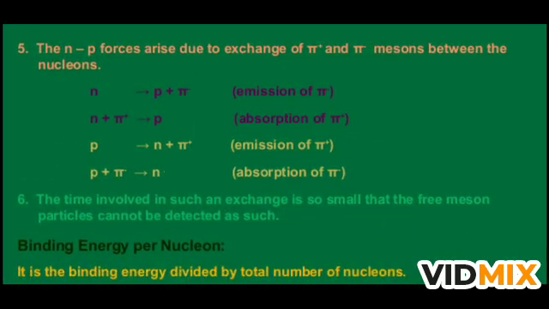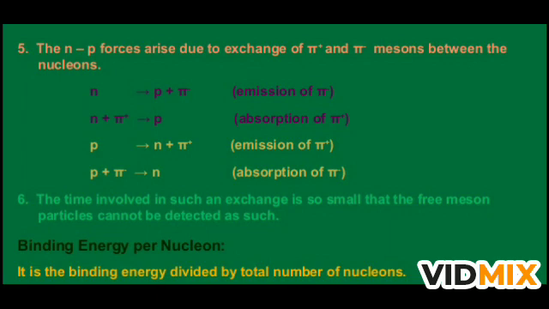The neutron-proton forces arise due to the exchange of pi positive and pi negative mesons between the nucleons. A neutron emits a proton and a negative pi meson. A neutron, when it absorbs a pi positive meson, converts to a proton.